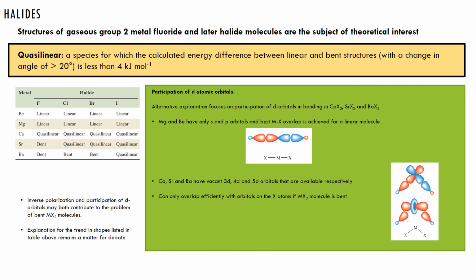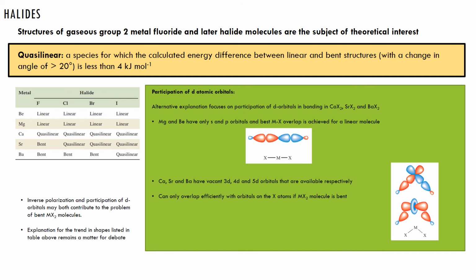Now there is another explanation, another theory, and that's that maybe the d atomic orbitals are participating in bonding. And you'll remember the structure of the d orbitals from our studies of crystal field theory last year. Magnesium and beryllium only have s and p orbitals, and the best overlap between the metal and the halide is through a straight linear overlap.